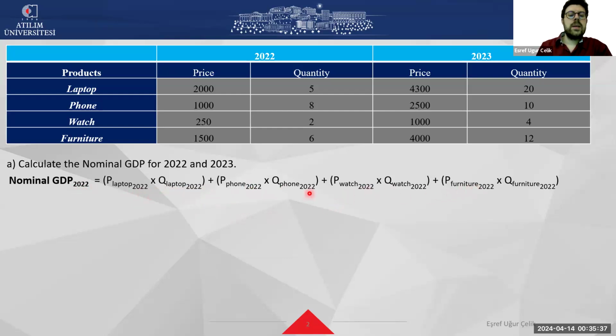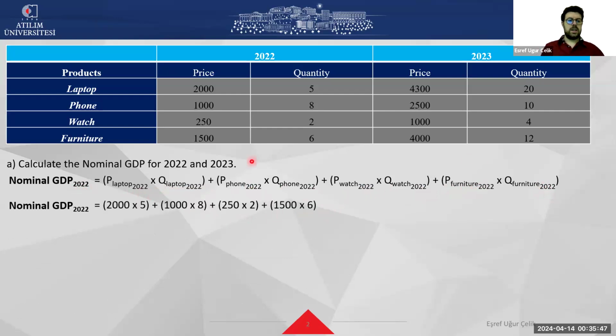For the quantity, again, the year I ask you, 2022. You see over there. So 2000 multiplied by 5 plus 1000 multiplied by 8 plus 250 multiplied by 2 plus 1500 multiplied by 6. So the answer is 27,500.